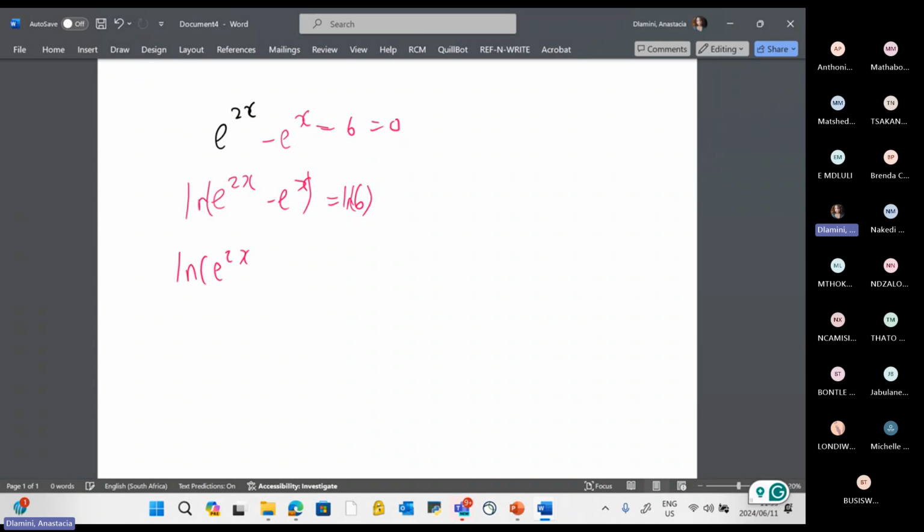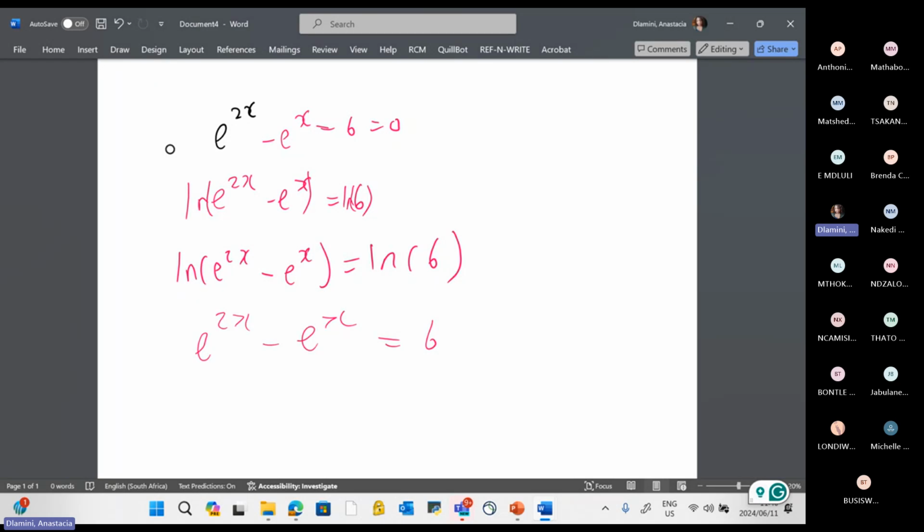Then e to the power of 2x minus e to the power of x is equal to ln of 6. There's nothing else you can do from here, but only to go back and say e to the power of 2x minus e to the power of x is equal to 6, basically.